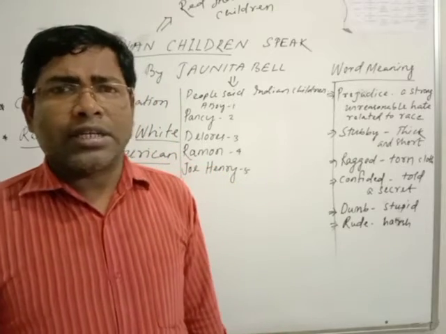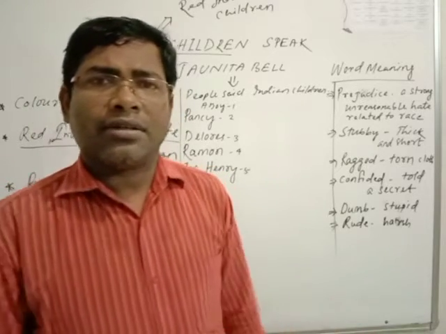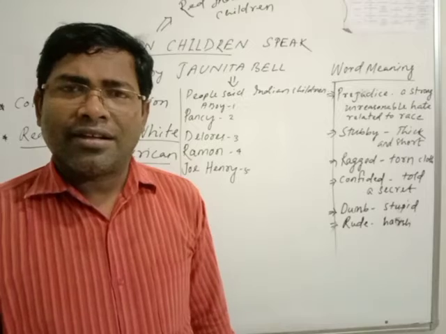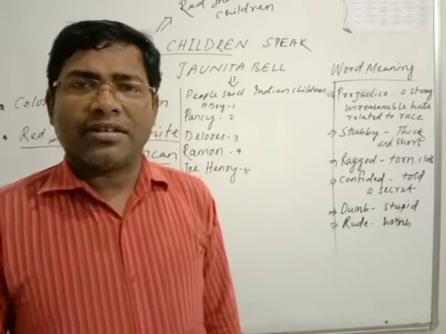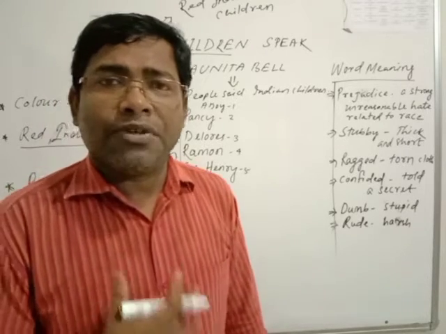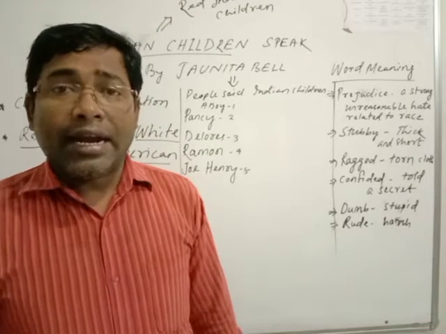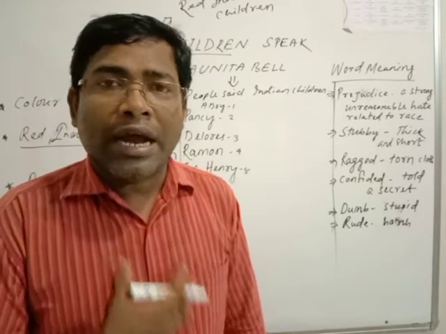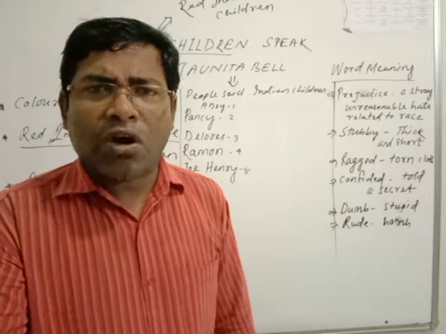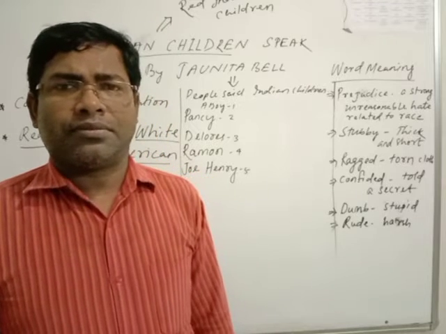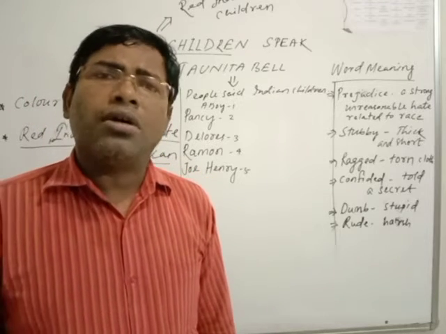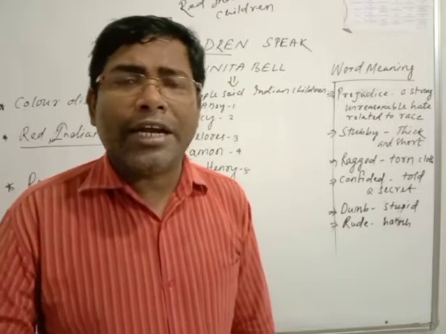That's why they cannot understand their real feeling. But really, they also have feeling. The red Indian children have the feeling. The red Indian children also have emotion and thought, and also poetic thought, poetic attitude. They are sometimes even more than the white people.